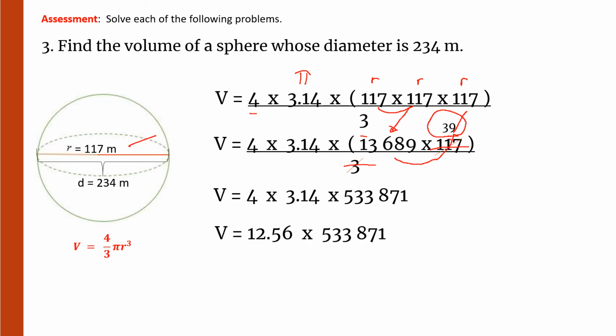Next, we have 12.56 times 533,871 because 12.56 came from the product of these two, 4 and 3.14. And lastly, we have 6,705,419.76 cubic meters. At syempre pa, ito ngayon ang ating sagot dito sa problem number 3.